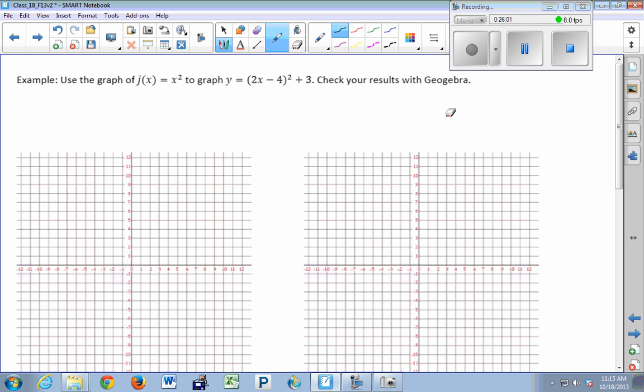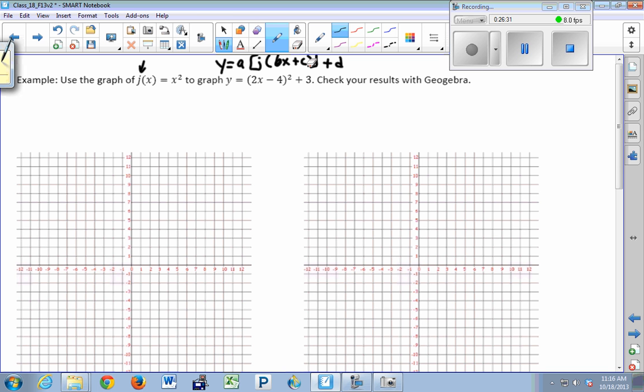So you say, okay, because I see something squared, I know my parent function was the parabola. It's going to look a little different. I've got a lot of things going on. So if I write right above this, y equals a times, now notice my function is called j, so instead of putting an f there, I'm going to put j of bx plus c plus d.